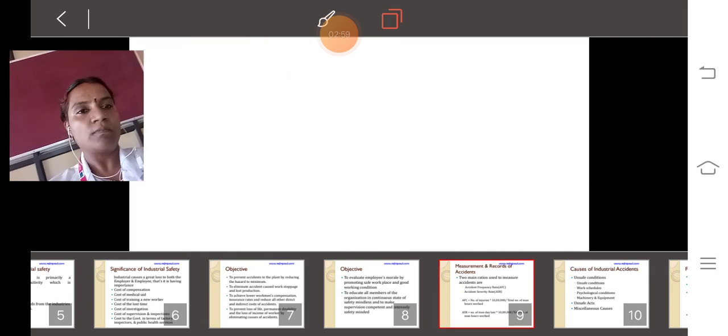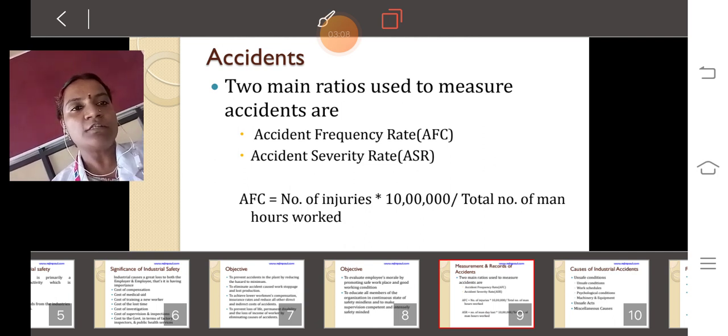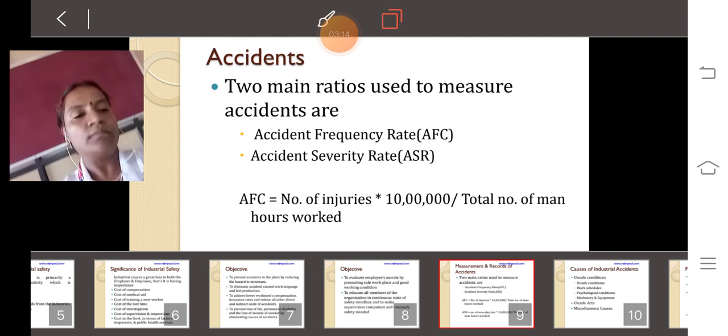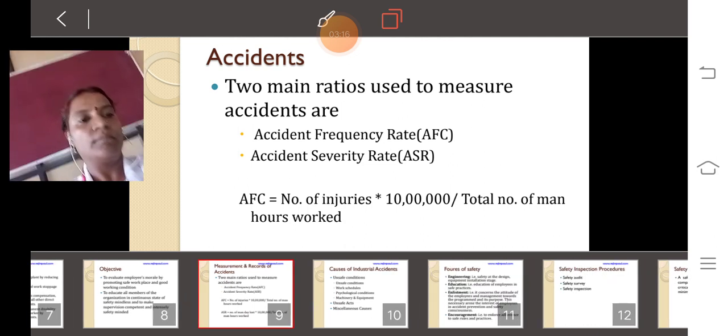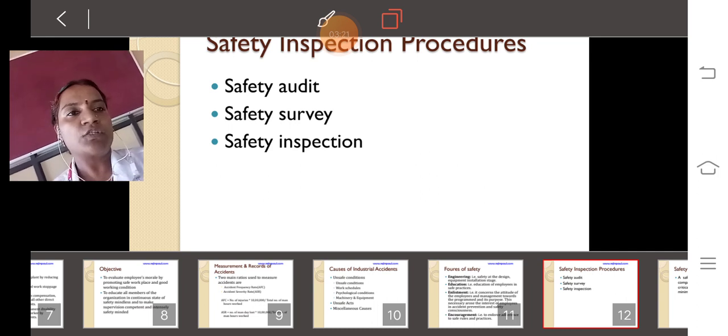Next one is the accident ratios, which will be classified into 2 types. First one is accident frequency rate, AFR, and accident severity rate, ASR. Next one is safety inspection procedures.